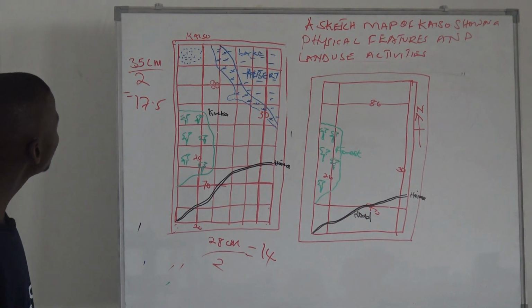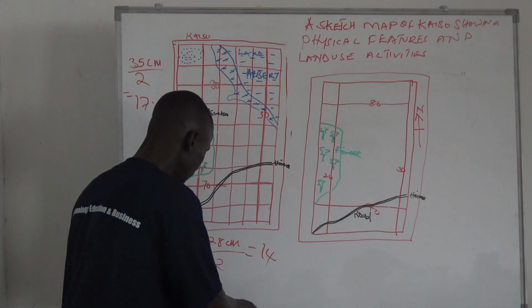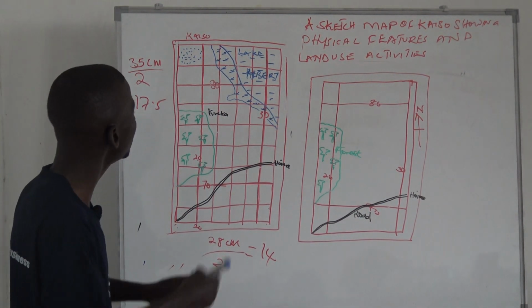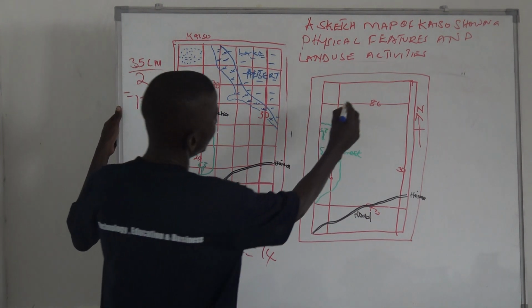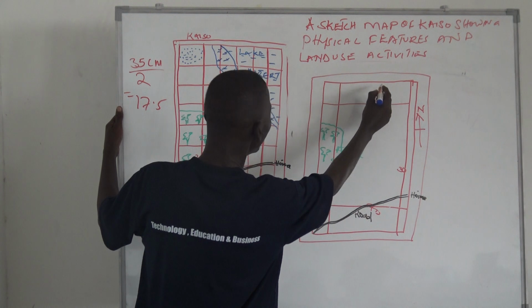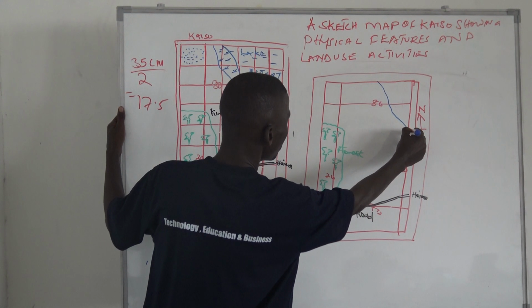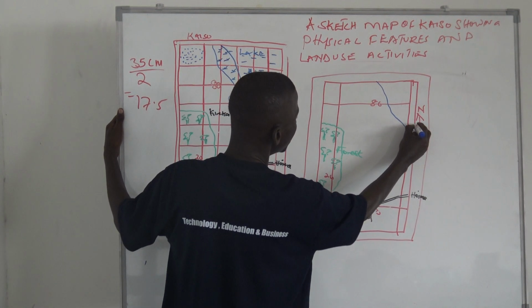What else are we told to put in? Lake Albert. So where is Lake Albert? Lake Albert is at the extreme end, northeast, around here in the top corner. You shade it correctly.